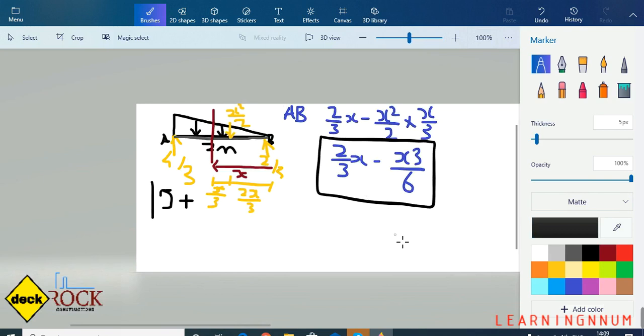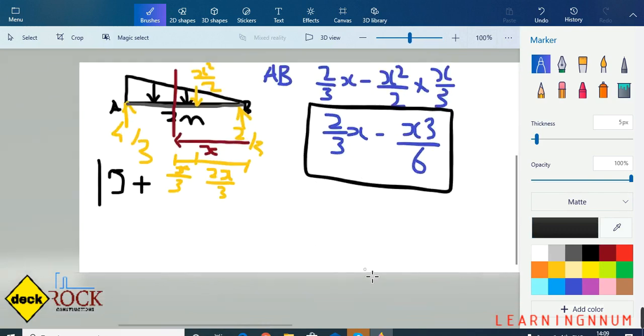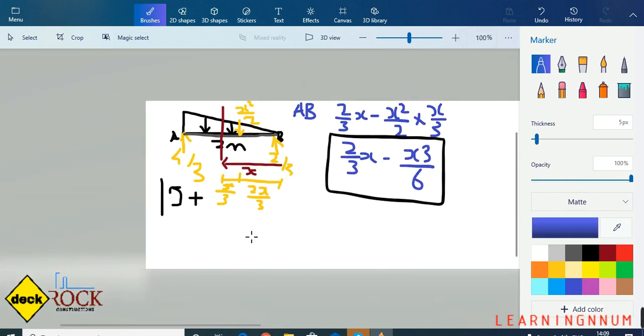Now apply boundary conditions. At x equals 0, where would we reach? We would reach B, right? So bending moment at B would be, put 0, everything is 0. So bending moment at B is 0. Then put x equals 2 meter. We would reach A, right? So what is the bending moment at A?